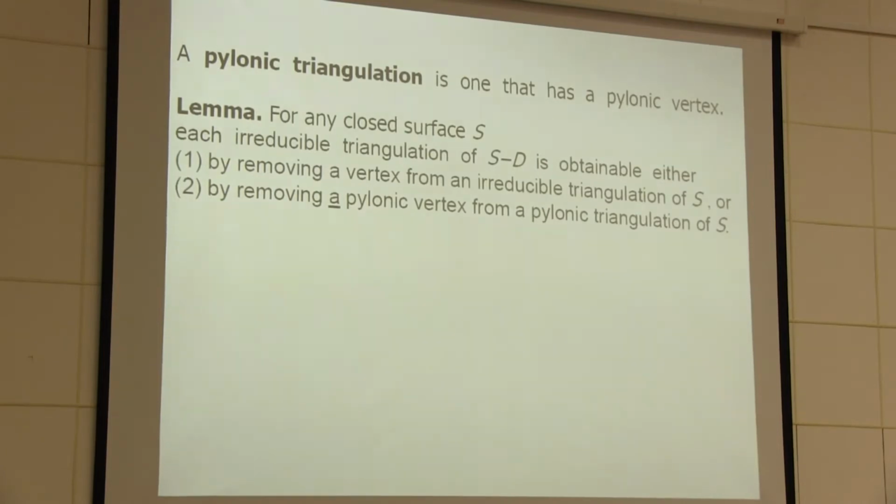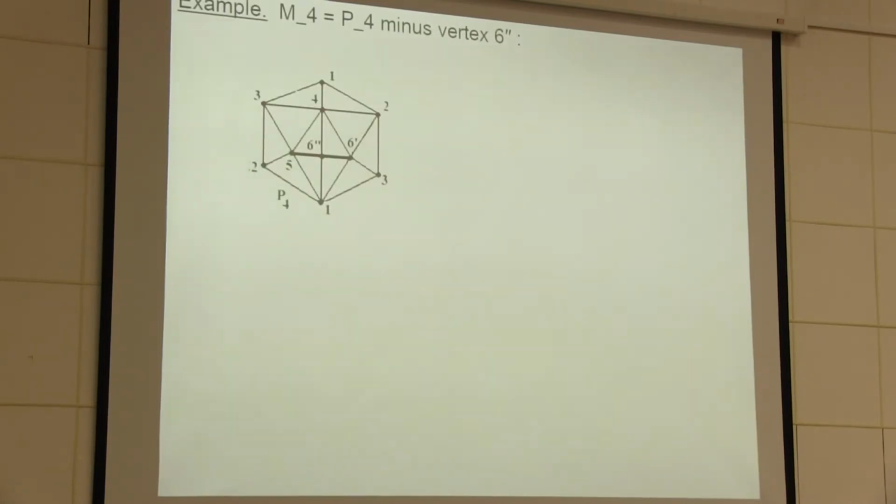Just in conclusion, I'll give you some examples. This is one of those irreducible triangulations of the projective plane I showed you before. And look, here, this is a pylonic triangulation of the projective plane, because you see this vertex 6 double prime is a pylonic vertex.